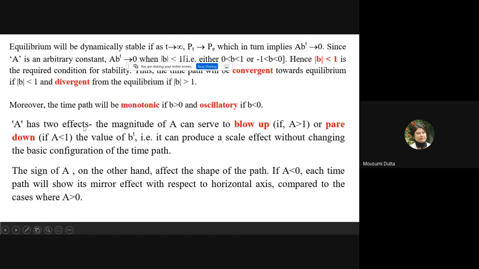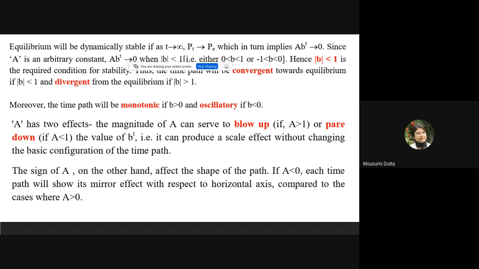A has two effects. The magnitude of A can serve to blow up or pare down the value of b to the power t. So the point is telling that if the value of A is greater than 1, in that case, it is a product.